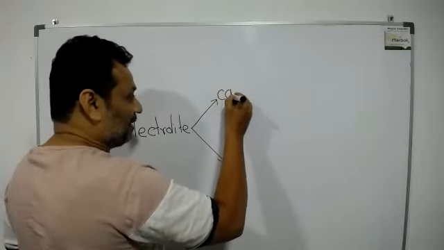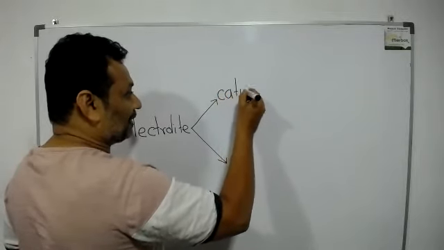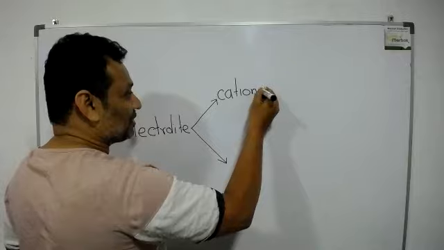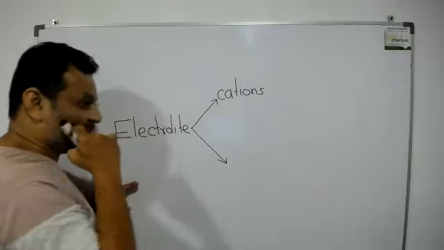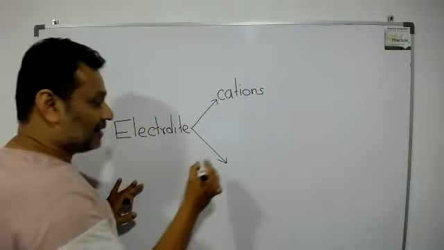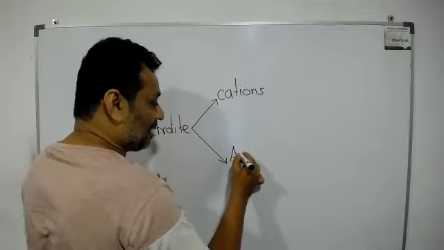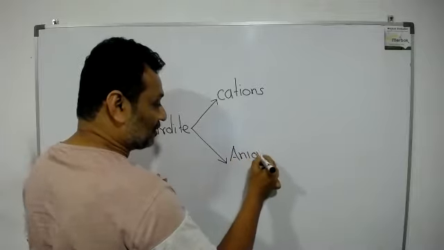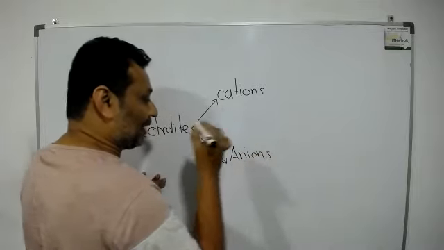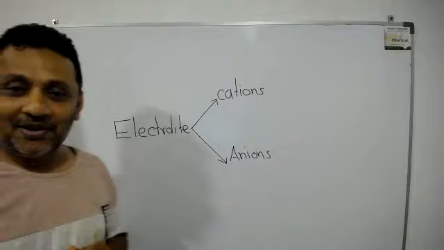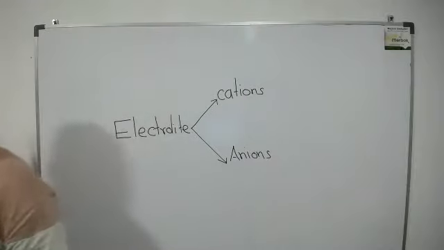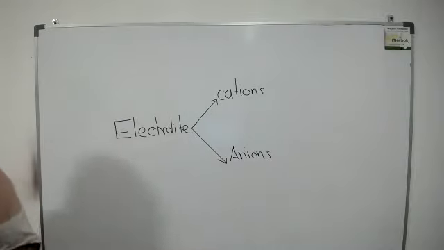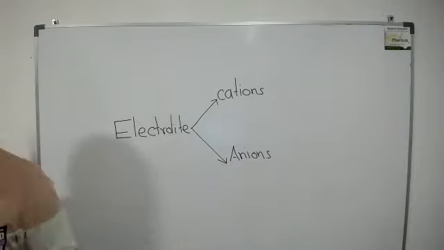There will be cations in the electrolyte. There will be anions in the electrolyte.